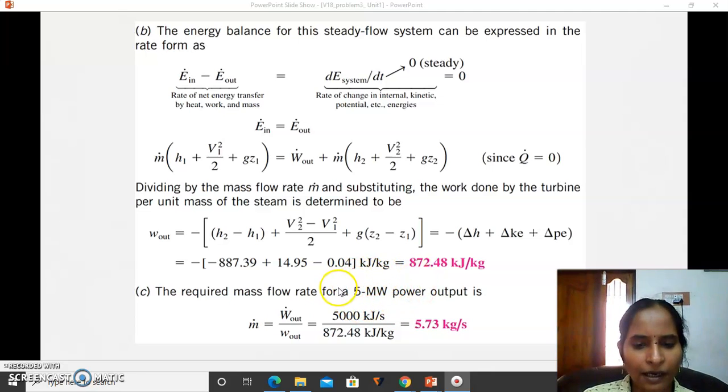So to achieve that 5 megawatt of power, the work output per kg of steam was found out, so how many kgs have to be given to get the 5 megawatt power. That has been found out here, so that you can get the required mass flow rate of the turbine.